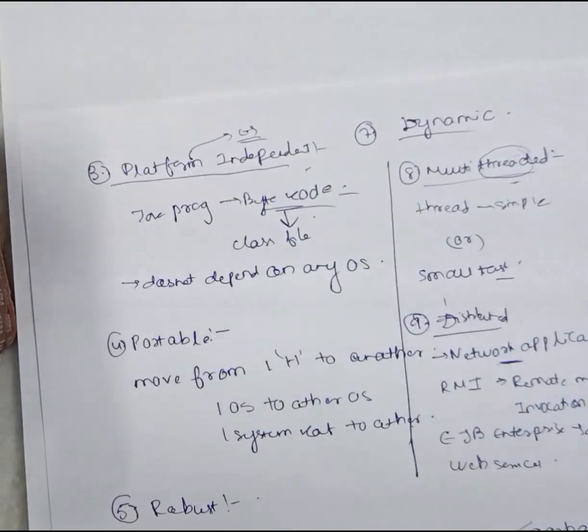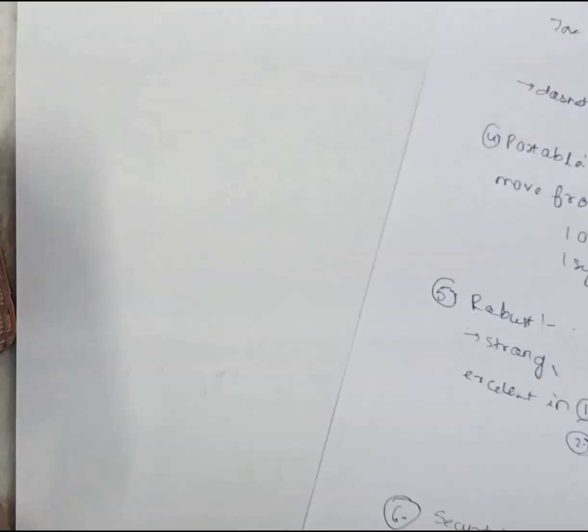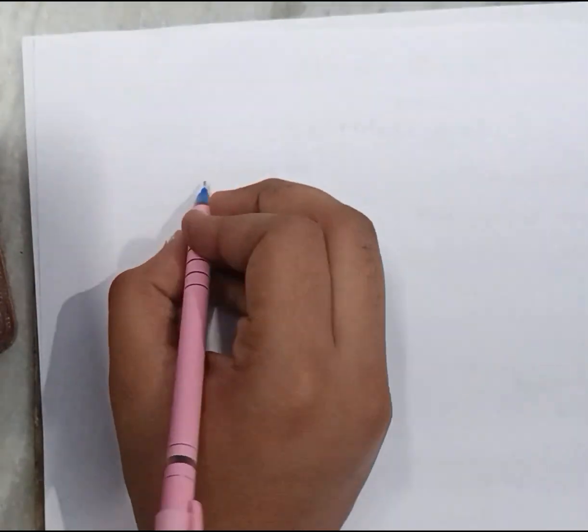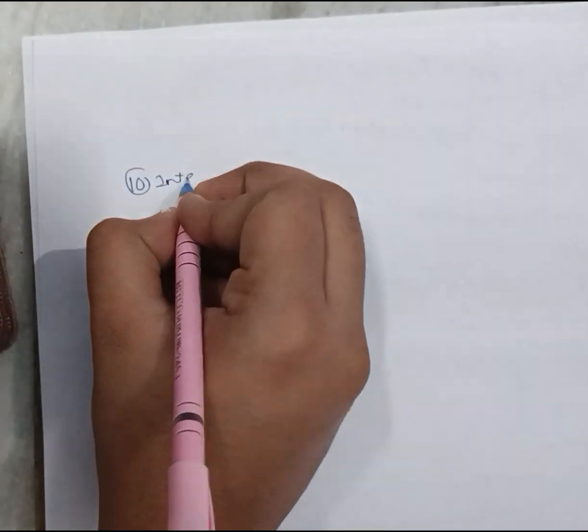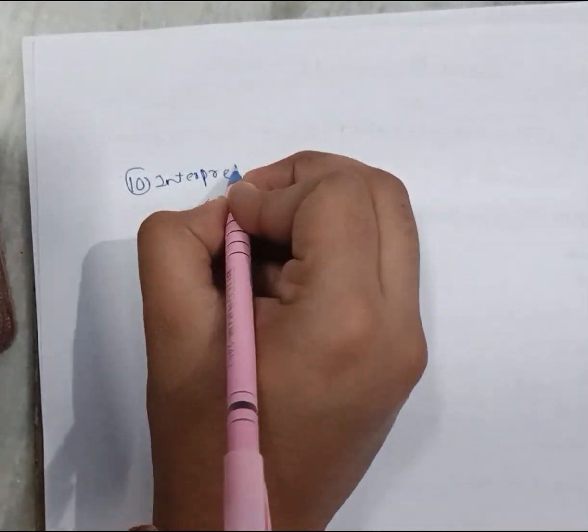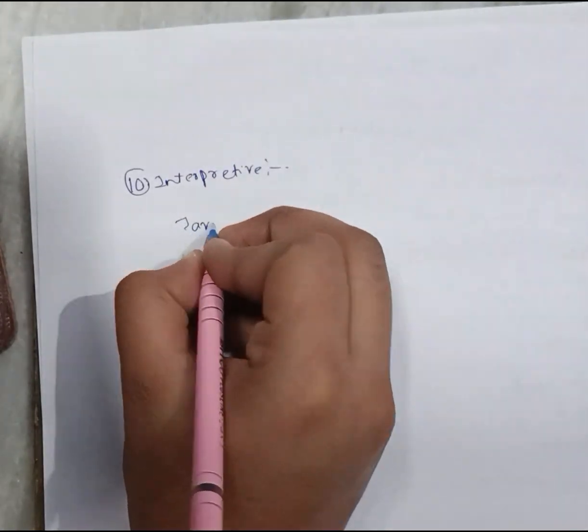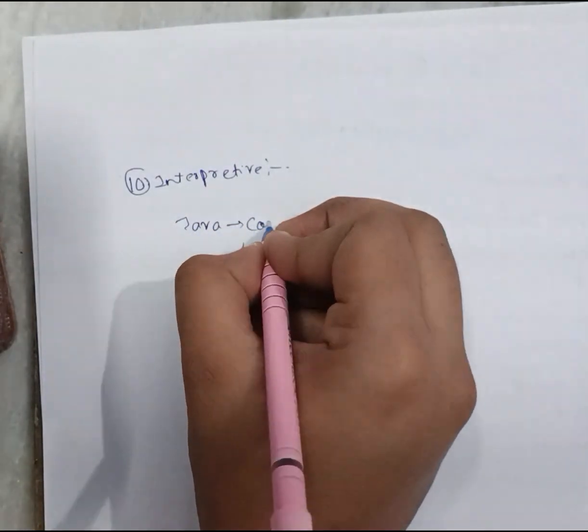The next one is interpretive. Java is both compiled as well as interpretive based language.